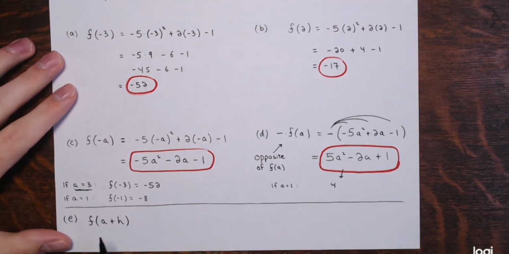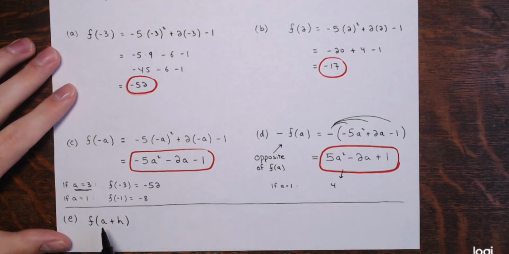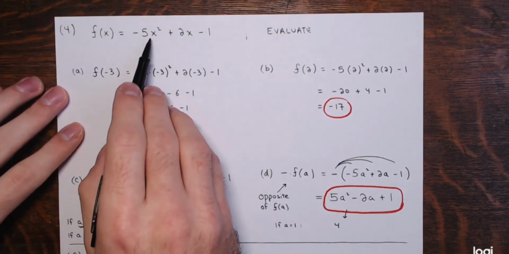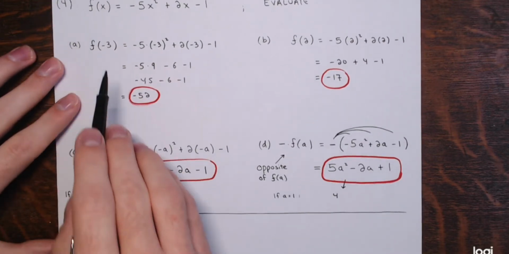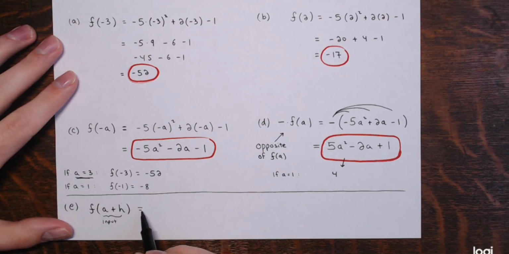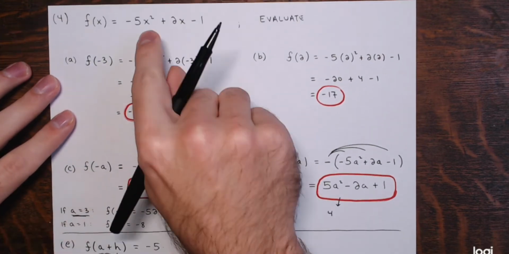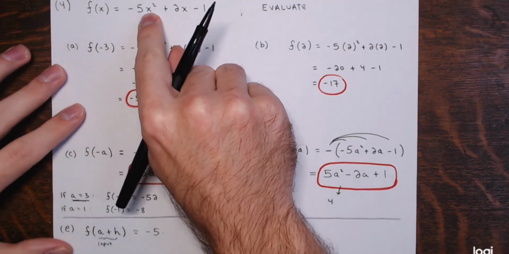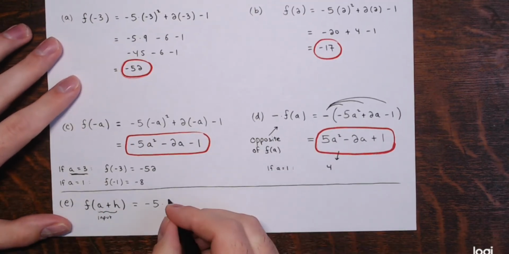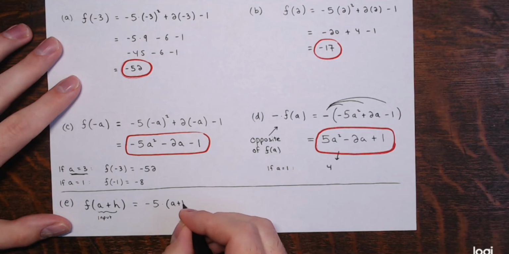Watch this. So the input now is this quantity A plus H, right? This is the input now. This A plus H quantity replaces all the X's again. X is replaced by A plus H. So this would be -5 times, and then instead of X to the second power, now it's the quantity A plus H to the second power.